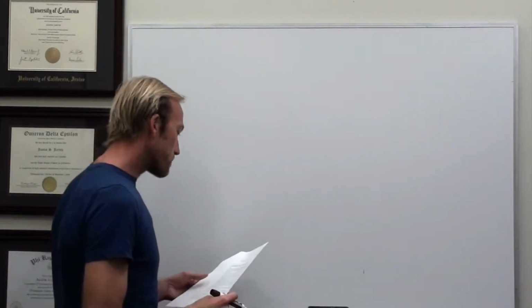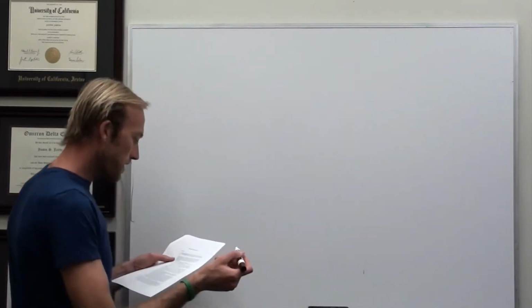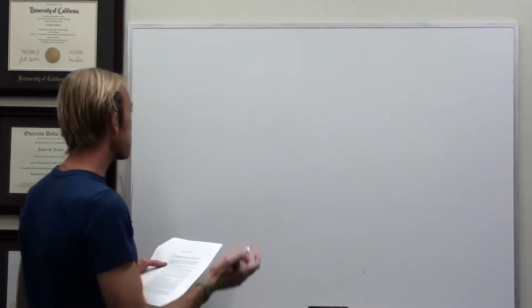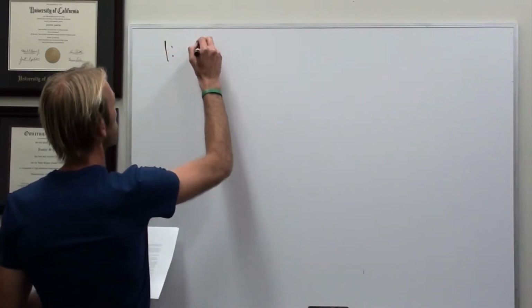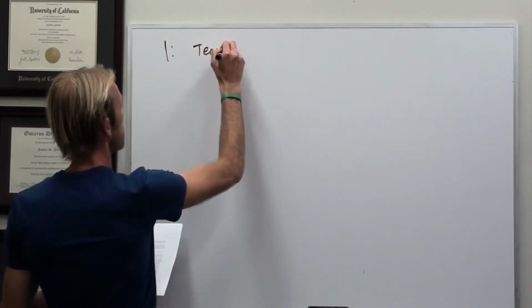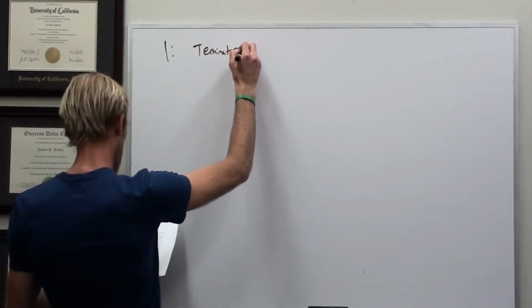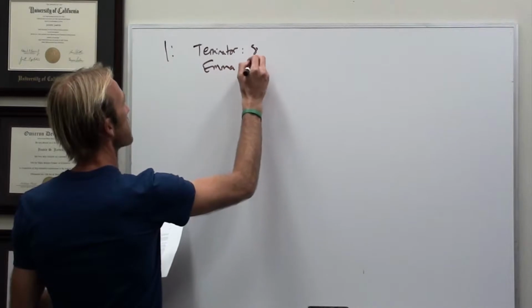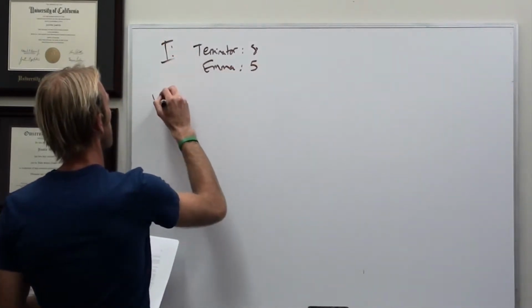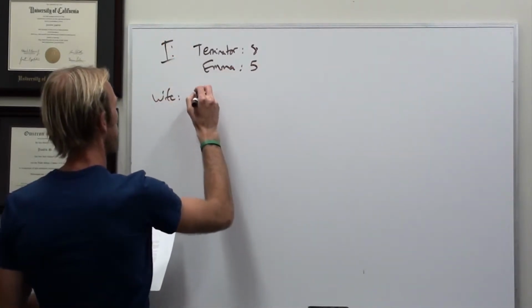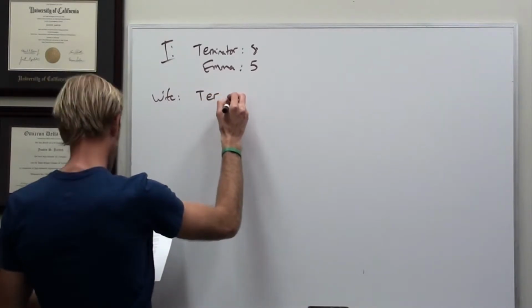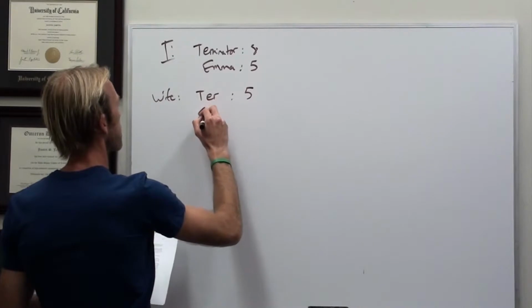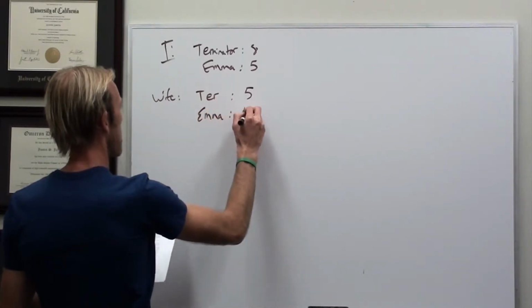All right, so suppose we go to see Terminator 2 and Emma, and so let's see, I rate Terminator as an 8 and Emma as a 5. The wife rates Terminator as a 5 and Emma as a 4.